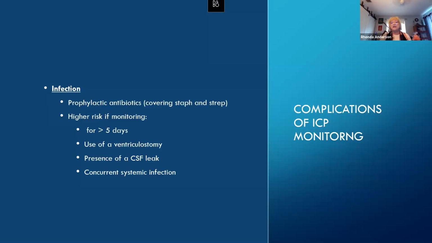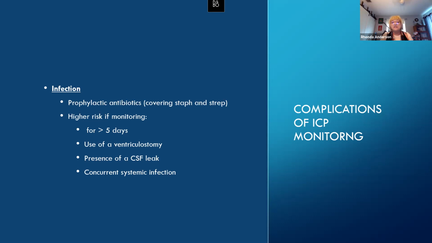Now, the biggest complication from ICP monitoring is going to be infection. Not everybody, but some physicians will give prophylactic antibiotics, something broad spectrum that would cover staph and strep, things that would be on the skin. And we know there's a higher risk if we have to monitor for more than 5 days, if we're using the ventriculostomy, because that's directly into the ventricles.